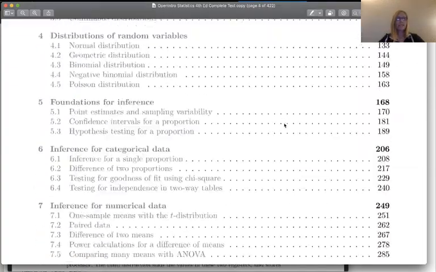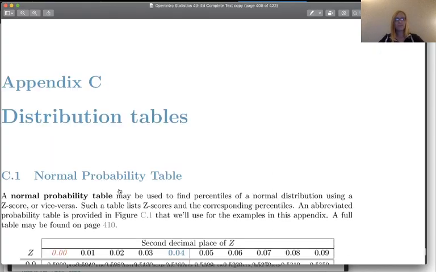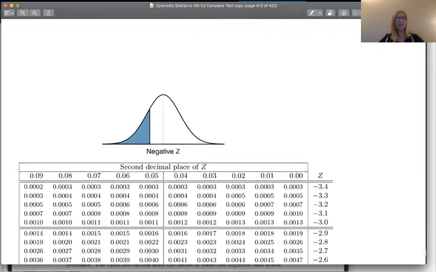Remember, the z-table always shows you left side probabilities. So if you're doing a right tail test, if your alternate hypothesis has greater than, you're always going to need to do 1 minus. So it's easy, there's not much work to do, but keep that in mind. If you've got a right tail test, that's always going to be 1 minus. If you've got a left tail test, then just use whatever values are in the table.